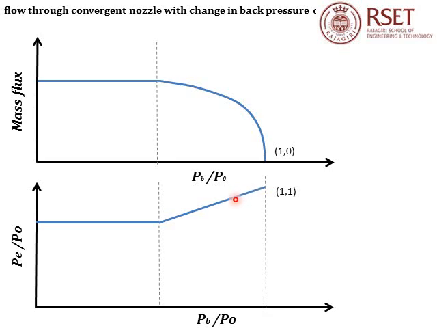This is shown by this curve, and it continues till a point where Pb becomes equal to Pe becomes equal to P star. That is, we reach the critical condition and the flow is choked. Once the flow gets choked, the further reduction in Pb doesn't change the pressure at the exit plane. The pressure at the exit plane remains as P star, which is shown by this straight line. Hence, this curve shows how the exit plane pressure changes with change in back pressure.